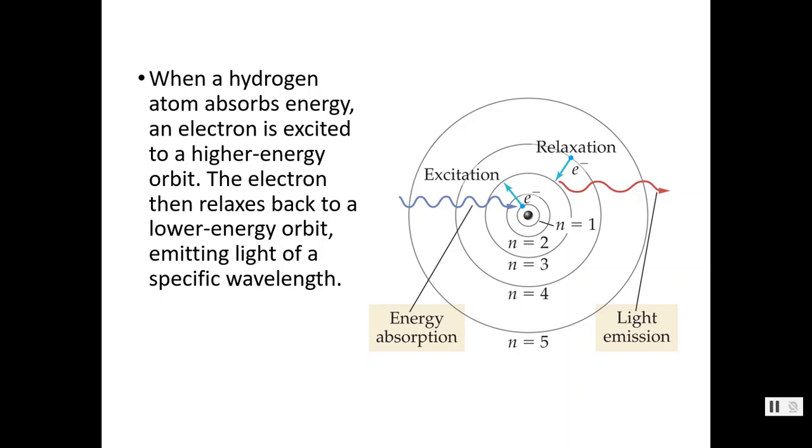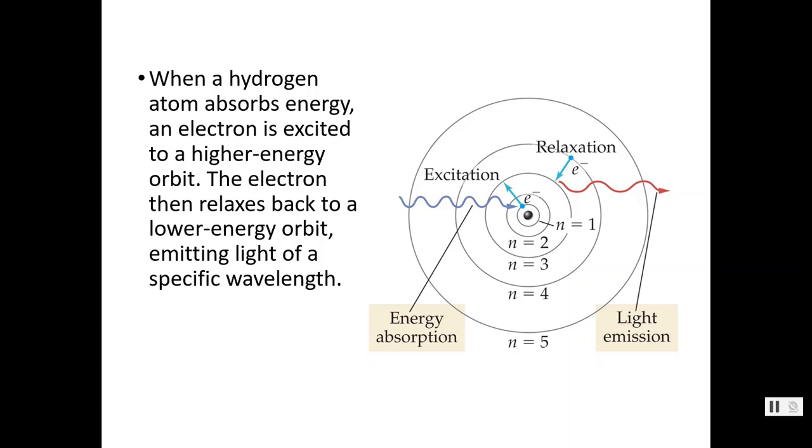And so what's so exciting about this model, Bohr's model with respect to hydrogen, is that when you do calculations regarding energy and light with regards to the Bohr model for hydrogen, all the math works out, essentially. You talk a lot more about the math in Chem 1, and if you go on in chemistry to physical chemistry.